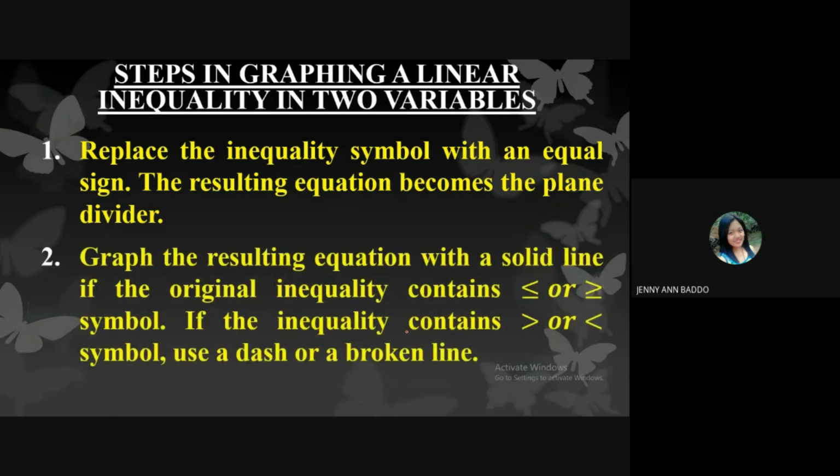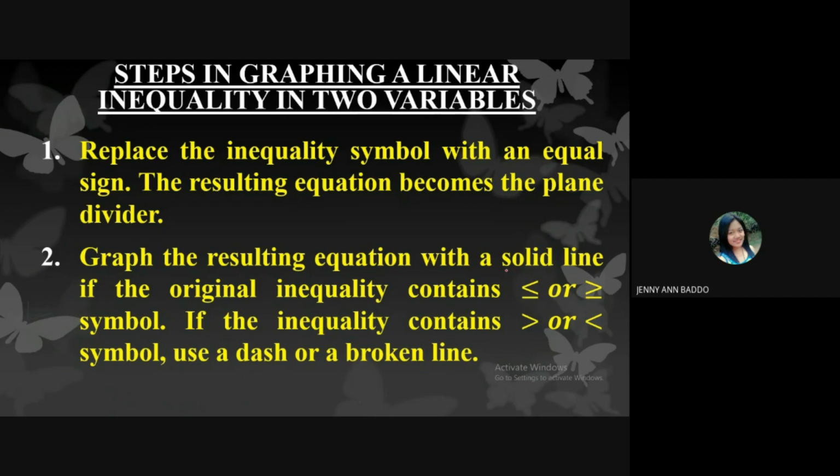Second step, graph the resulting equation with a solid line if the original inequality contains the symbols greater than or equal to or less than or equal to. But if the inequality contains the greater than or less than symbol, then you use a dash or a broken line.